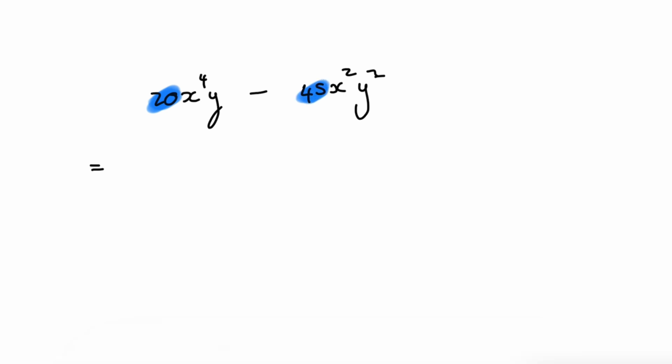So I can take out a common factor of 5. Then I've got an x to the power of 4, and I've got an x to the power of 2, which means I can take out an x to the power of 2 because that's the highest amount they share. And the last thing I'm going to be looking at are the y's. I've got one y here, two y's there, which means I can take out 1 from each, which means my common factor is 5x squared y.